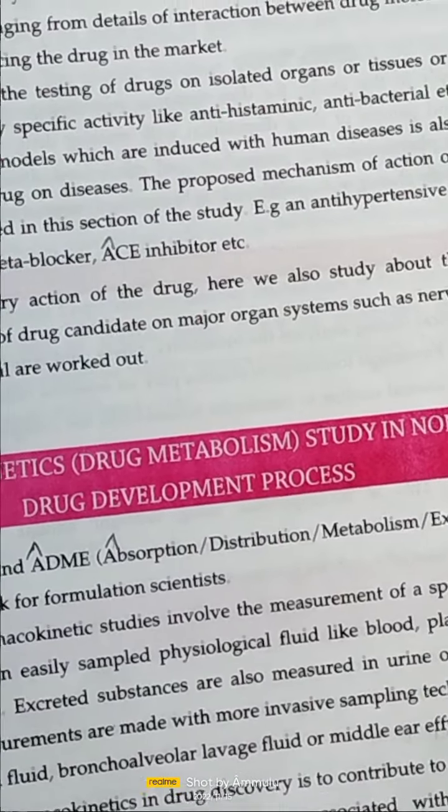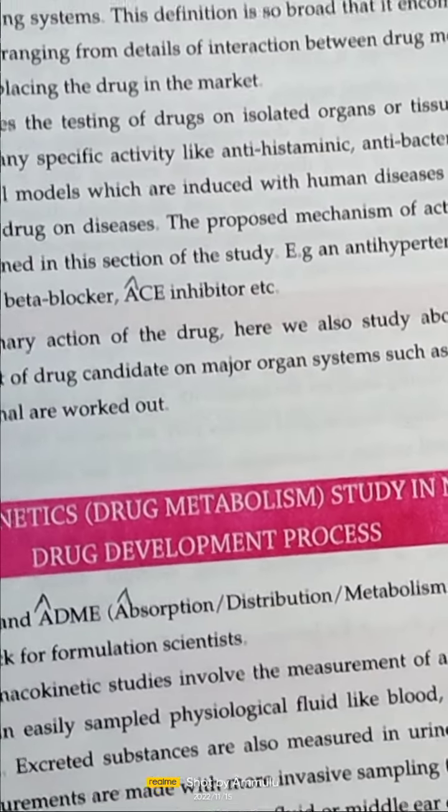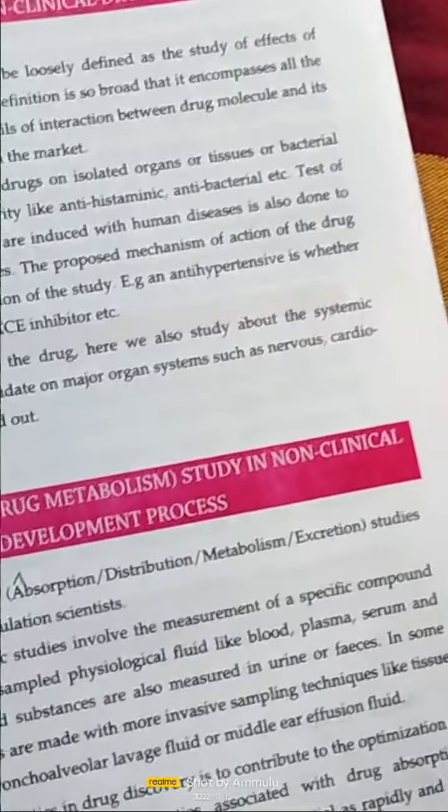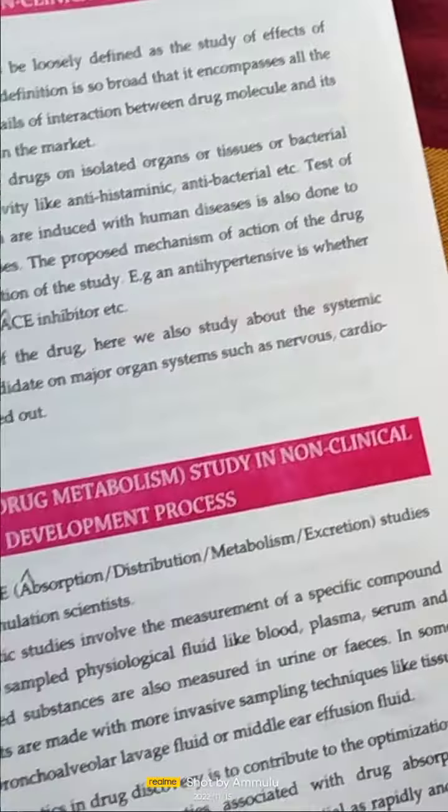The types of study involved in the non-clinical studies during the drug development process are: screening, test on isolated organs, test on animal models, general observational test, confirmatory test, mechanism of action, systemic pharmacology, qualitative test, quantitative test, and pharmacokinetics.